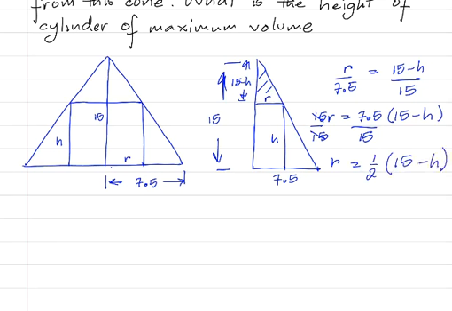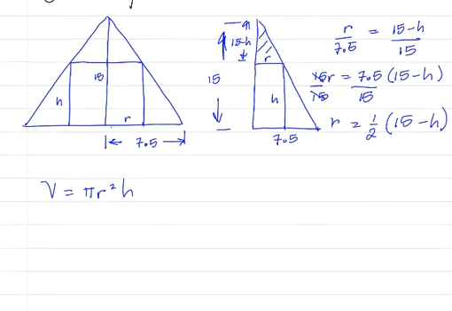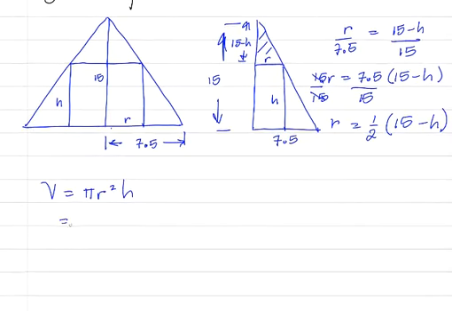Now, the volume of the cylinder is pi r squared h. R, we've just discovered, is 15 minus h over 2. So this is pi times 15 minus h over 2, squared, times h.